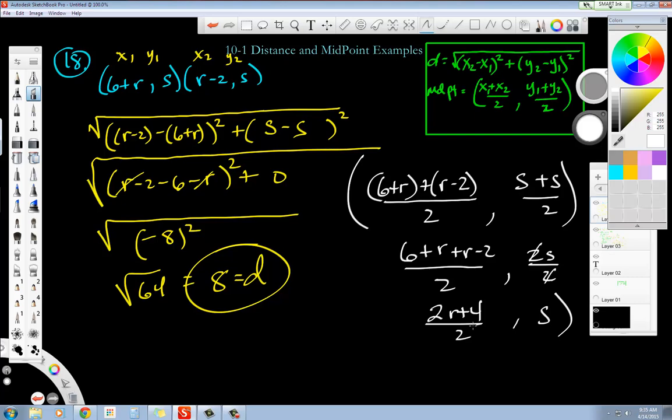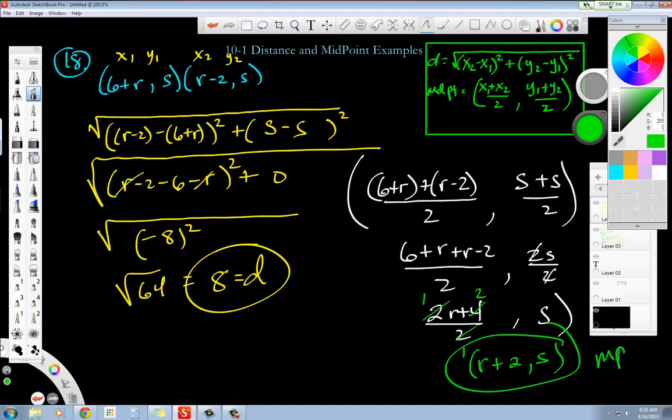And then you have a common factor here of 2 on each one. So you can do this trick. You can go boom, boom, boom, and cancel each of these by 2. So that becomes a 1 there, a 1 there, and a 2 there. So that's R plus 2, comma S, which should have been the answer I read to you. That is the midpoint. And this is our distance right here.